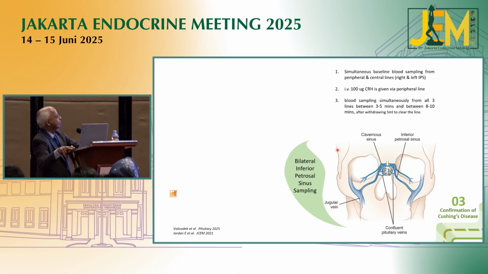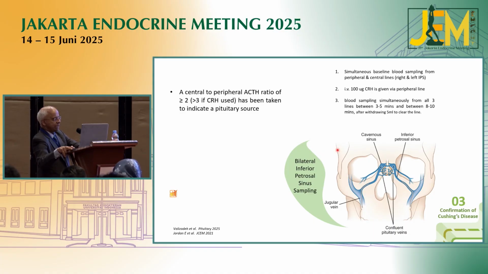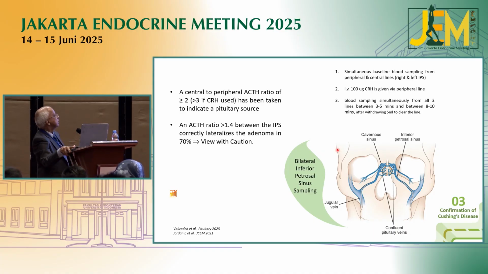Blood sampling from all three catheters, including peripheral, and a central to peripheral gradient more than 2, or 3 if it's CRH. And ACTH ratio is not very useful to localize left or right tumor, so tread with caution.